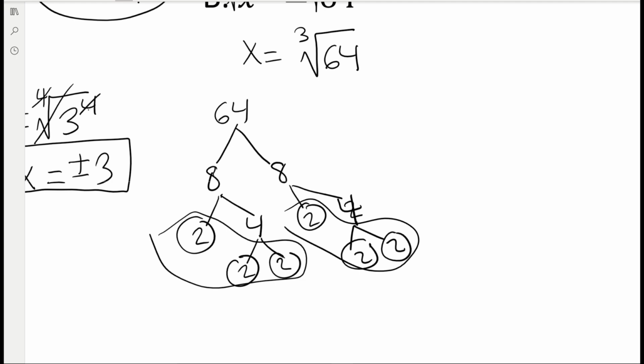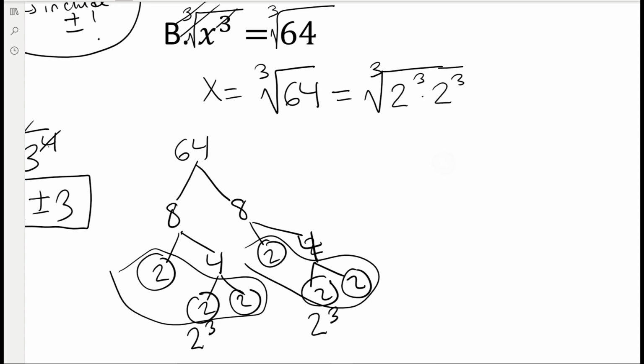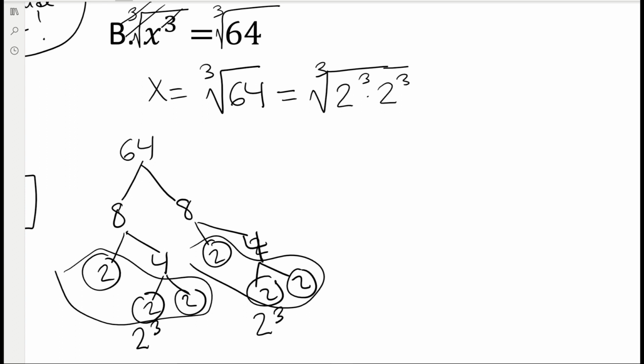Well, since we have 3 2's there and 2 sets of them, I'm going to write this out as cube root. Now I have this 2 to the 3rd power here, and I got another 2 to the 3rd here. So I'm going to write those out next to each other. 2 to the 3rd times 2 to the 3rd. And so I got basically 2 sets of 2 to the 3rd.